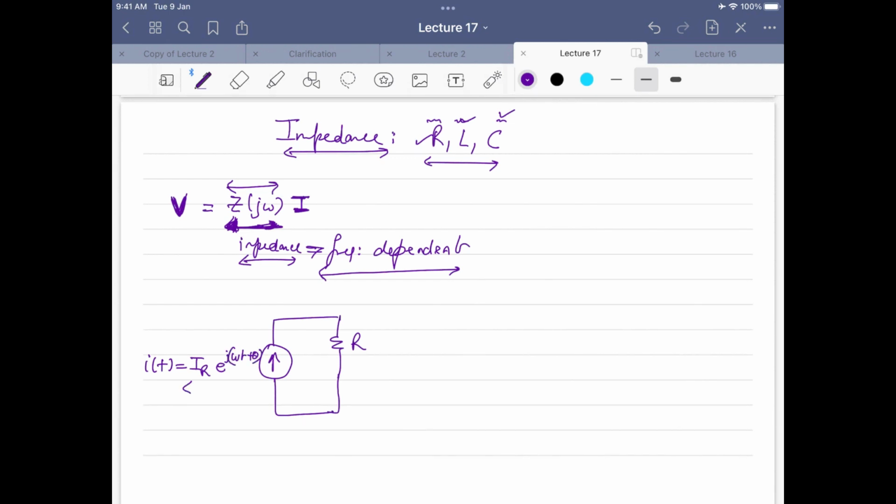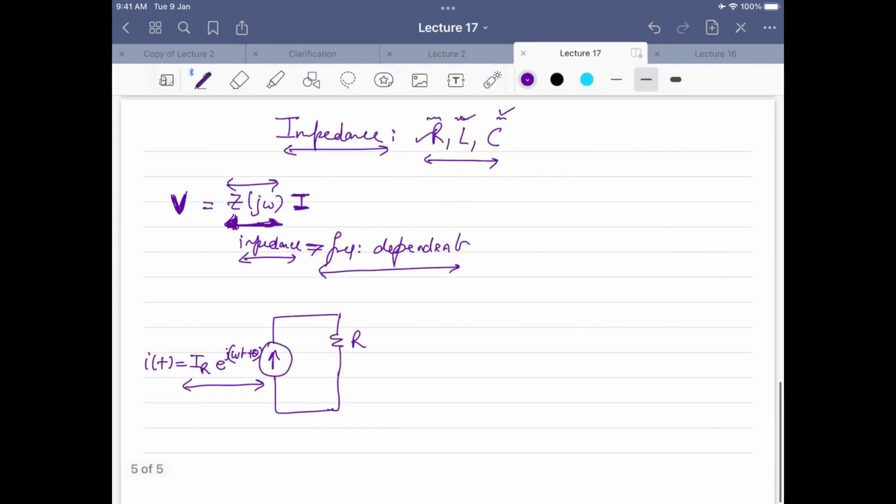So let us say this current is flowing. Someone may ask why we are using this particular form. We will discuss why we are using e^(j(omega t plus theta)) in a second.